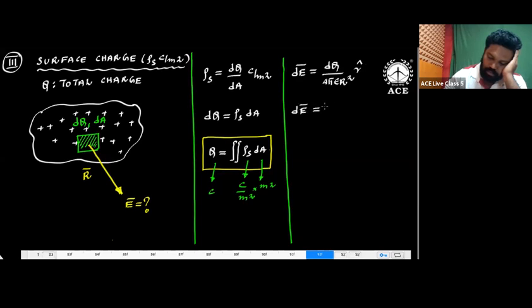So dE is equal to rho s into dA divided by 4 pi epsilon r square into r cap. So to get the overall electric field, I should perform surface integral of rho s into dA divided by 4 pi epsilon r square into r cap.